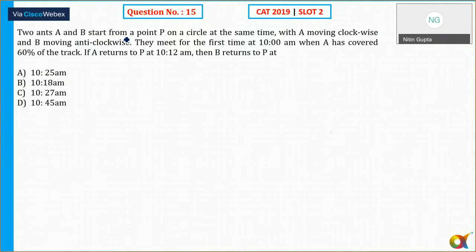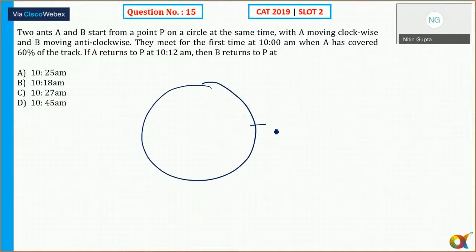So it says two ants A and B start from a point P on a circle at the same time. Okay. So two ants A and B start from a point P on a circle at the same time. So there is here, point P with A moving anti-clockwise.